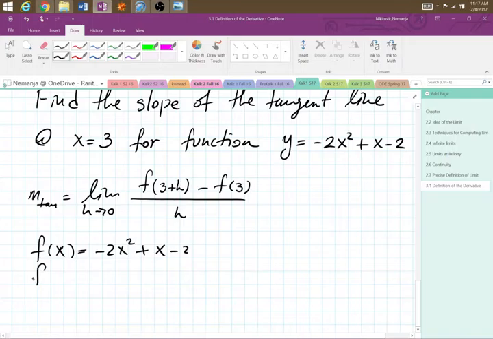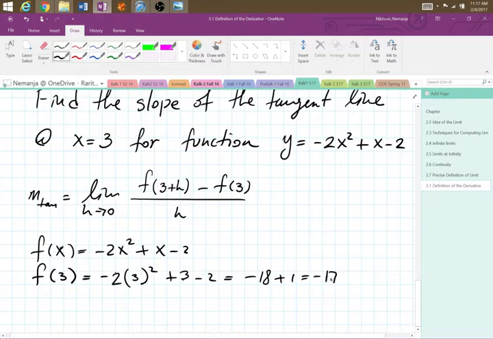So how much is f of 3? Negative 17, clearly, right? So we have negative 2 times 9 is negative 18. Oh, I forgot to plug 3 here. So negative 18 plus 1 is negative 17. Awesome. And how much is f of 3 plus h?